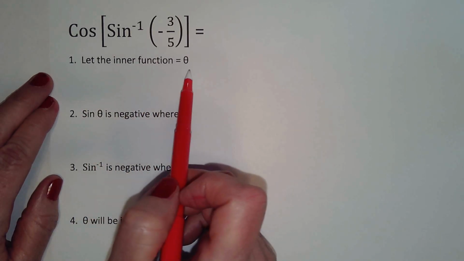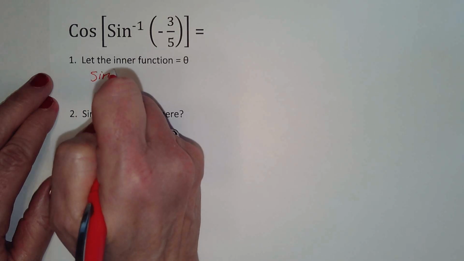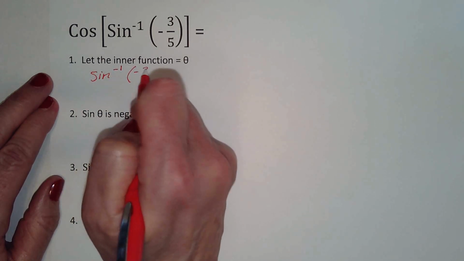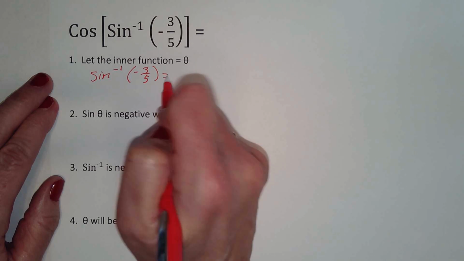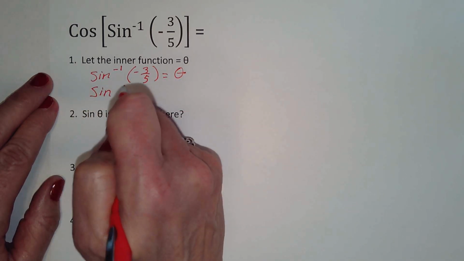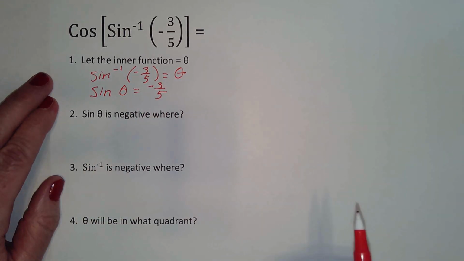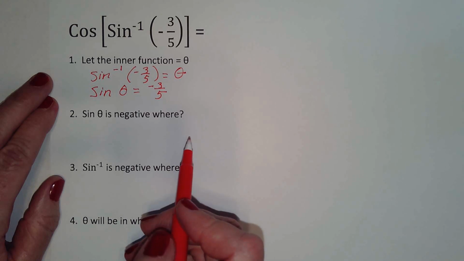Let the inner function be equal to theta. So I have sine inverse of a negative 3/5 is equal to theta. Therefore, sine theta is equal to a negative 3/5. Where is sine negative?